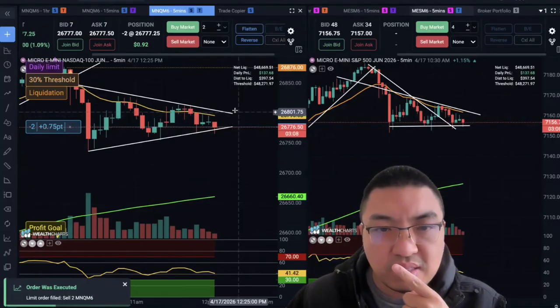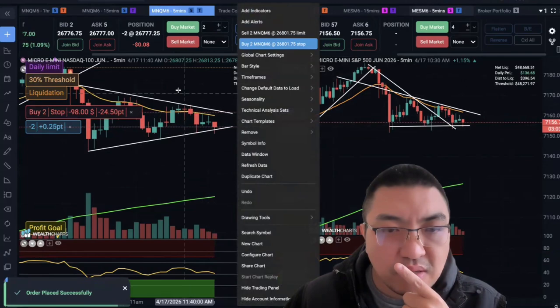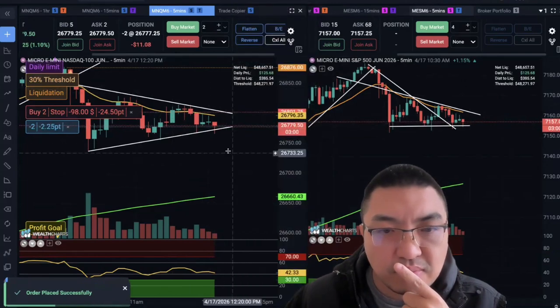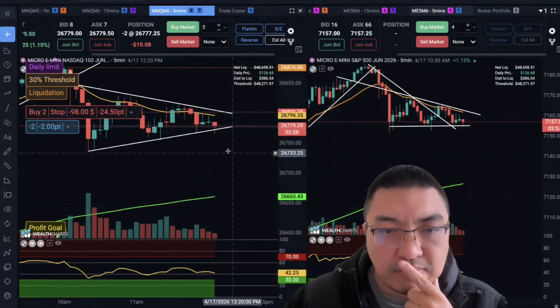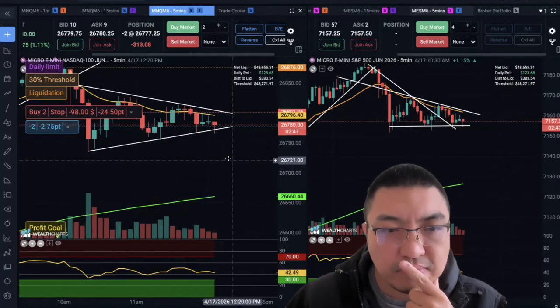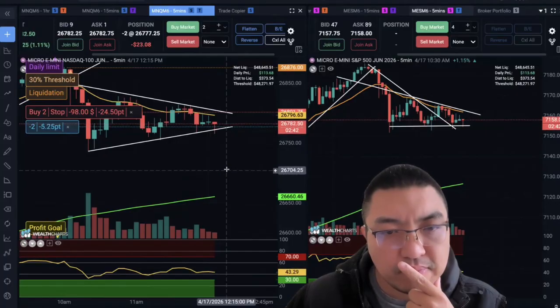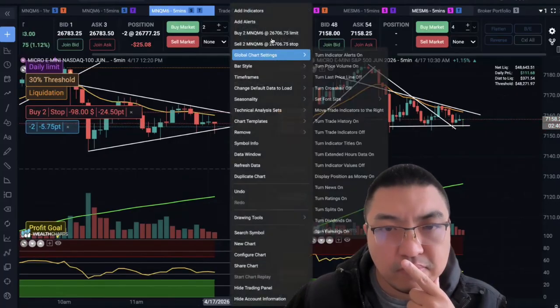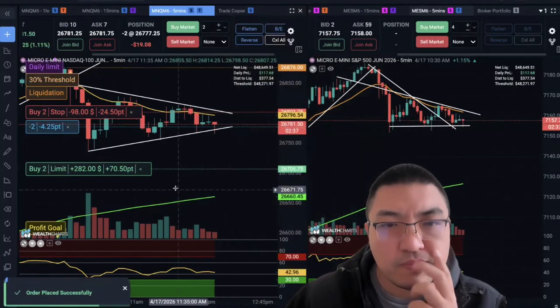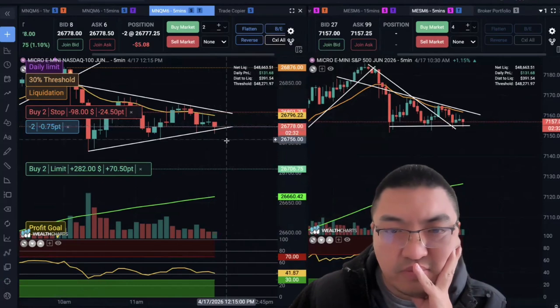Okay, then in this way, I can set my stop loss at EMA 21. Oh, it returns to the sideways area. Let's see.